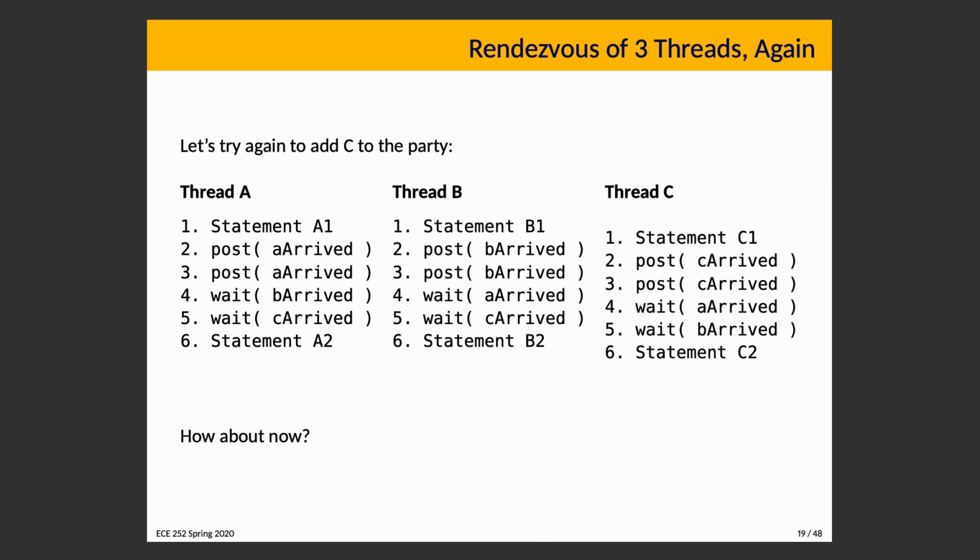I don't think I mentioned that before. We need all of these threads to meet up at the same point, so a rendezvous is just like a barrier. In this case, they all have to complete phase 1 before any of them are allowed to go on to phase 2. And how would we generalize this?